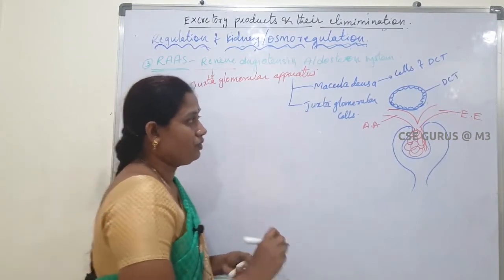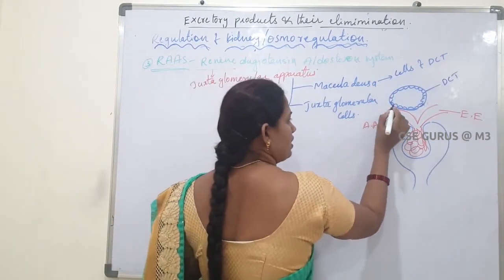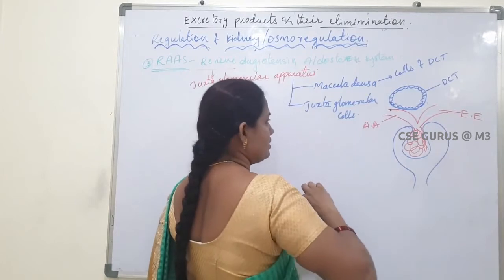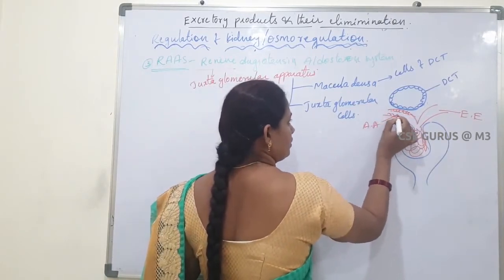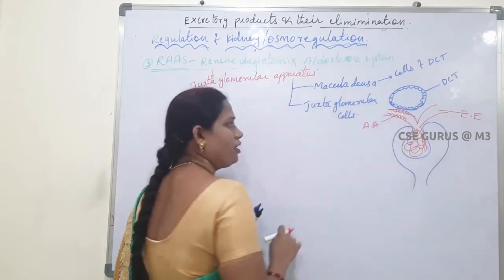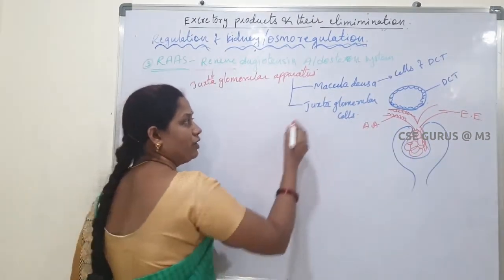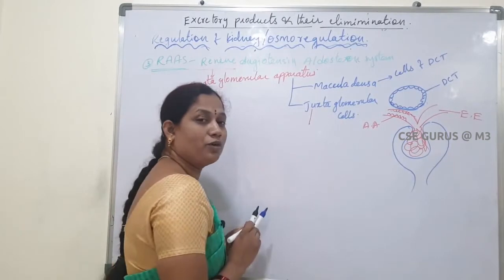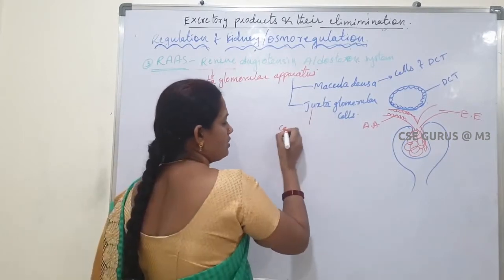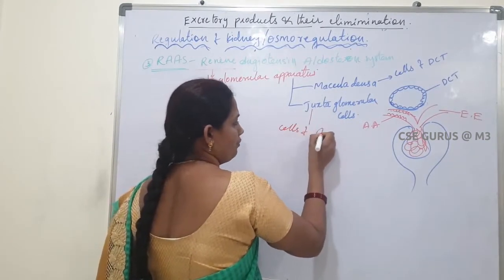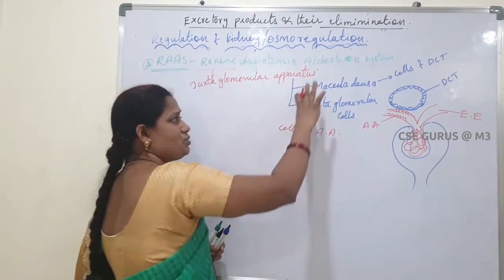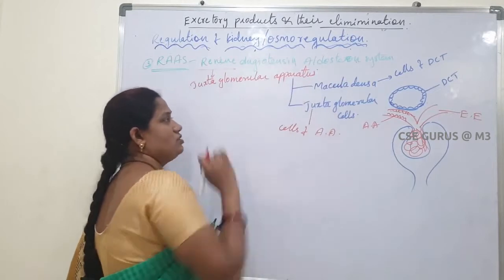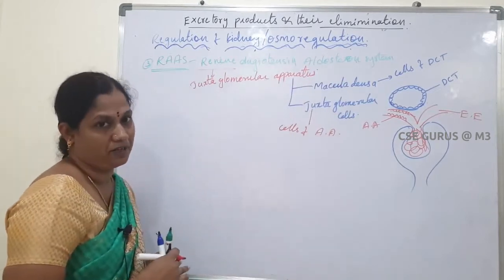Next, at the same time, the cells of the efferent arteriole are also modified to form juxtaglomerular cells. These two cells together are called the juxtaglomerular apparatus.